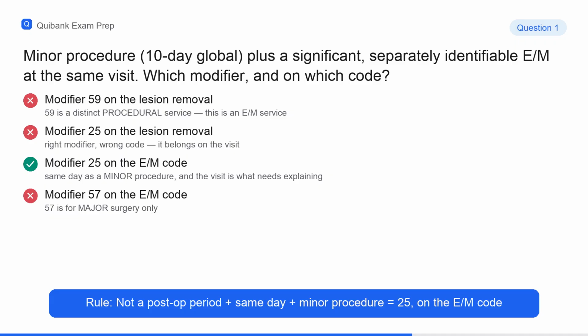Modifier 59 is wrong because 59 is for a distinct procedural service, and this is an evaluation and management service, not a procedure. Modifier 25 on the lesion removal code is wrong because the modifier belongs on the code that needs explaining, and that is the visit. Modifier 57 is wrong because the procedure here is minor, and 57 only applies to major surgery. Run the decision: not a postoperative period, same day as a procedure, the procedure is minor, so 25.